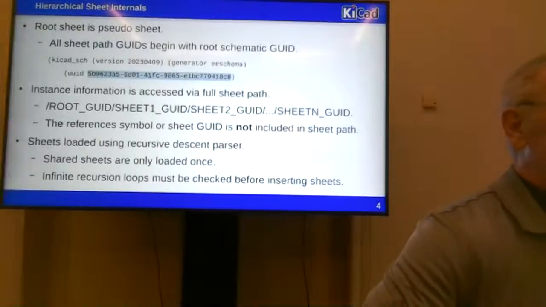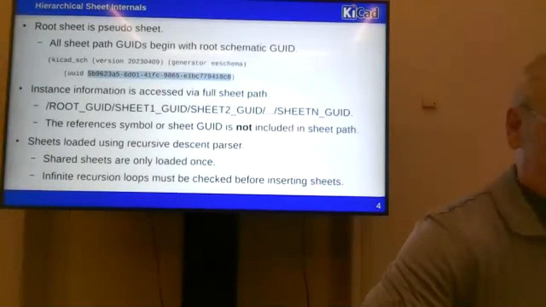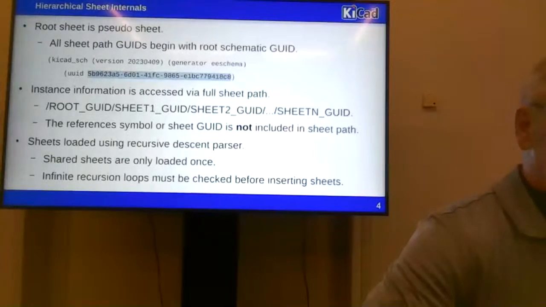Okay. So instance information is always accessed by the full sheet path, even if there's no instance data. In other words, if you just have the single instance, we still use the paths to access the data. And the reason we do that is for symmetry, so we don't have to have two separate algorithms for annotating; everything's done through the sheet path. And of course, the sheet path is nothing more than all the UUIDs stacked up and literally looks like a file path.